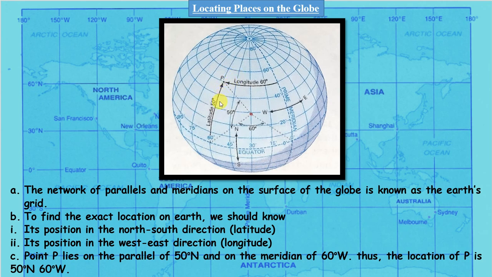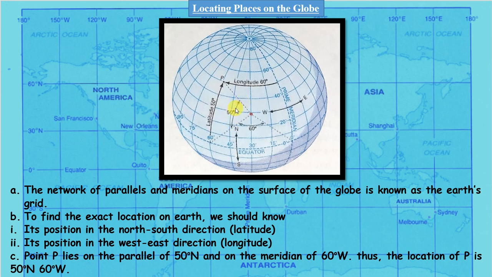Whenever we have to find out the latitude, we'll see vertically, because we have to take the equator as our reference. So here it is 0 degree, the equator, then 20 degree, and we have to find the degree.